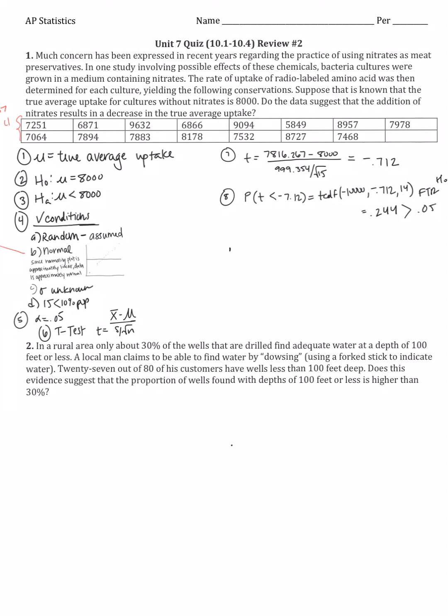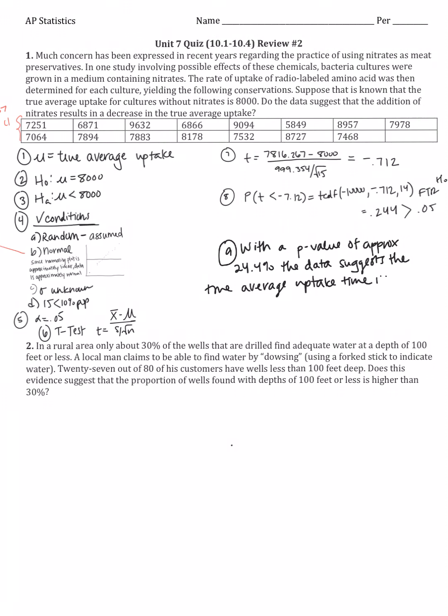All right, so step 9. With a p-value of approximately 24.4%, the data suggests the true average uptake is 8,000. Oh, not time. Just average uptake.